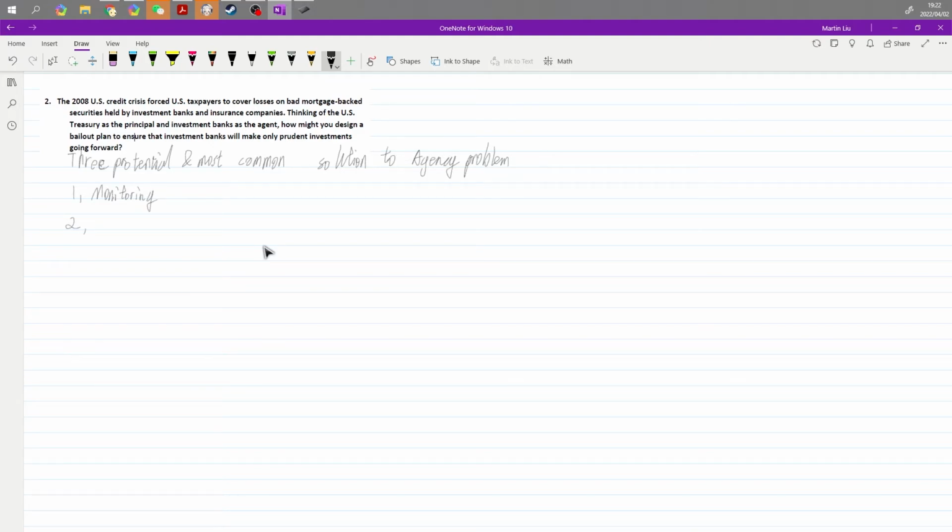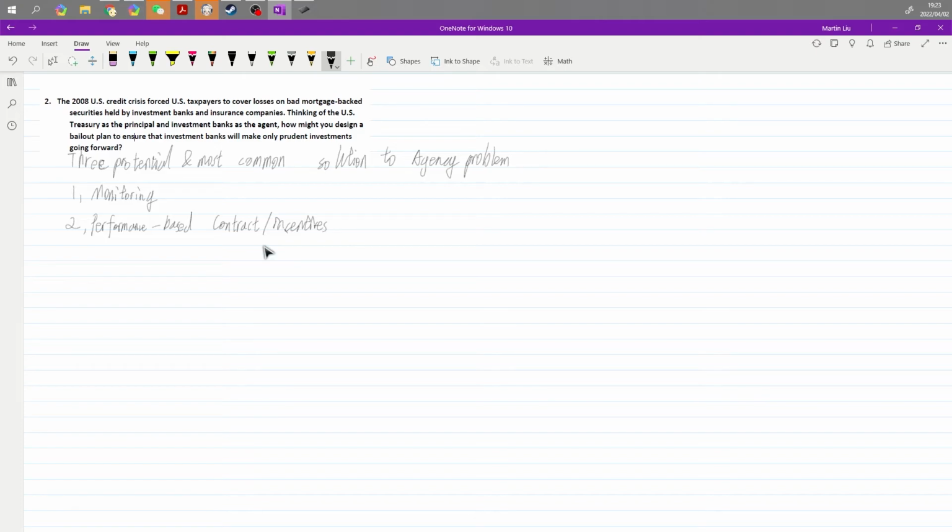Second, the performance-based contract, or incentives. Sometimes they refer to it as incentive.